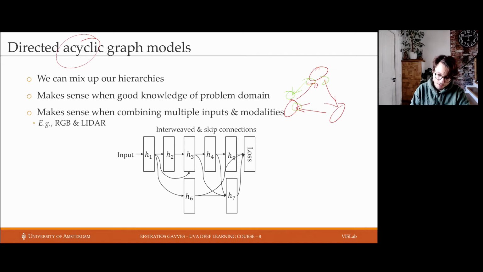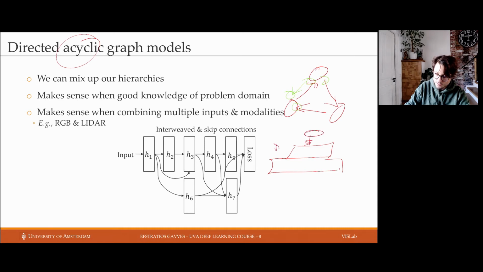And directed acyclic graph models make a lot of sense when we have good knowledge of our problem domain. So for instance, let's say we want to fuse different input modalities like RGB and LiDAR in a car.